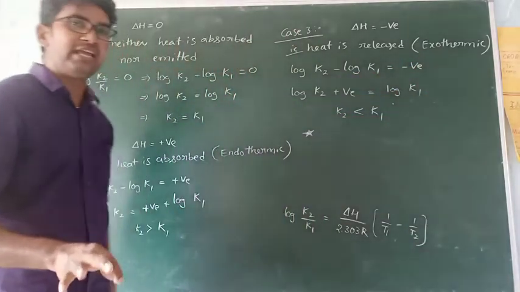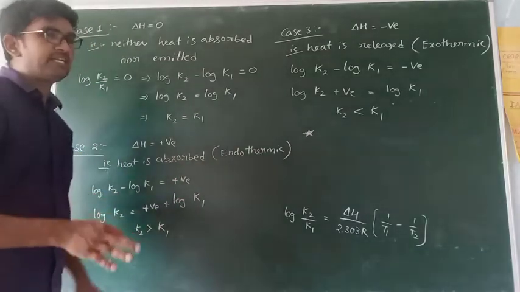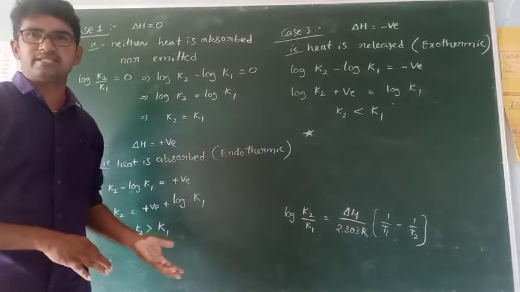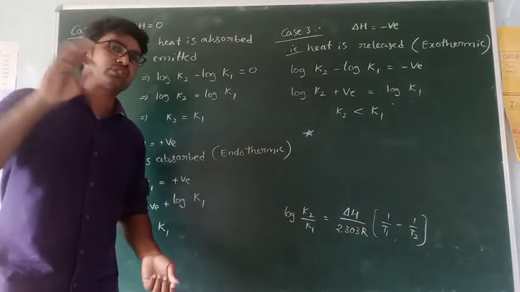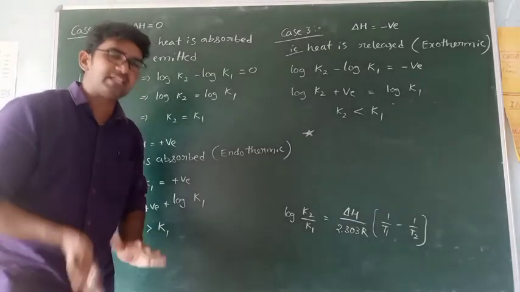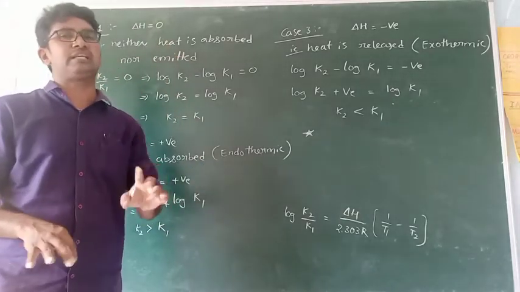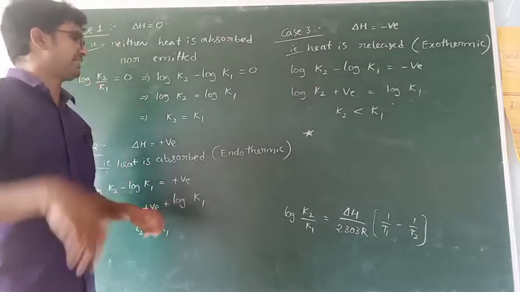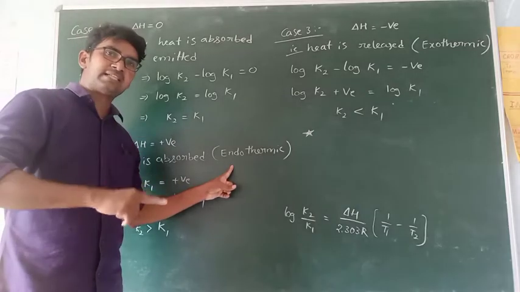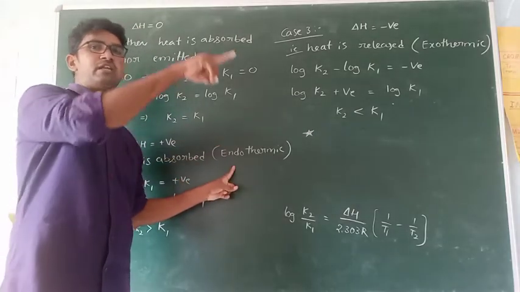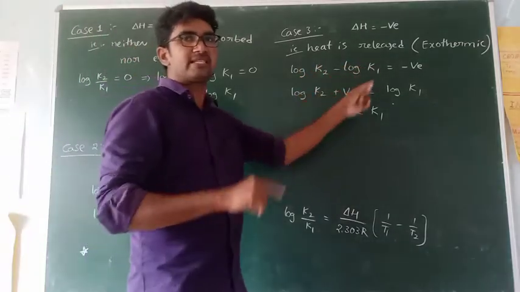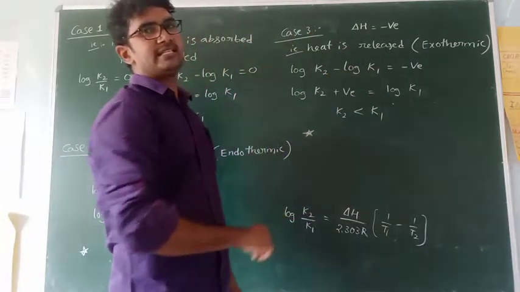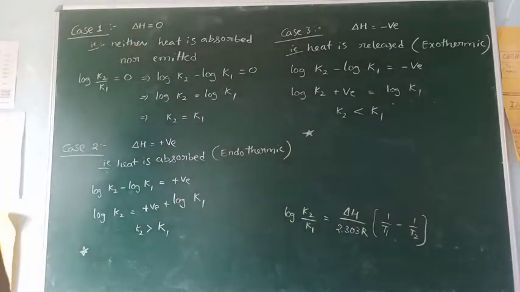That's why, as the temperature increases, the equilibrium constant values can either increase or decrease. Most students expect that if the temperature increases, the equilibrium constant also increases. That is a wrong statement; it depends upon the type of reaction. In endothermic reactions, the equilibrium constant increases with temperature, but in exothermic reactions, it decreases.